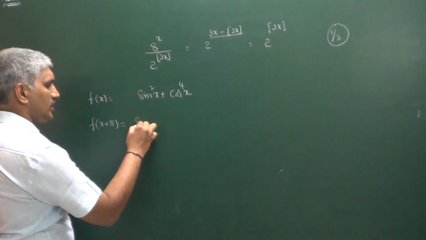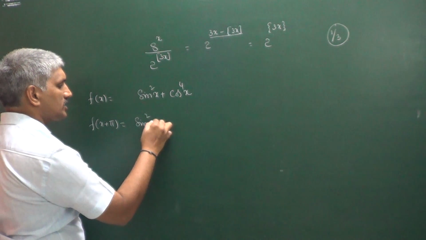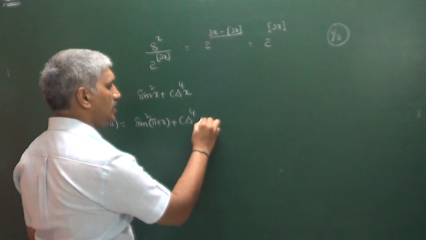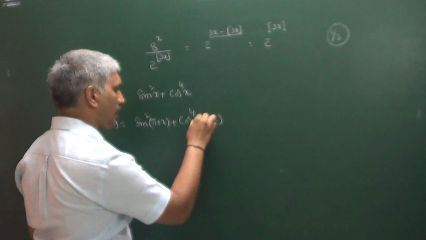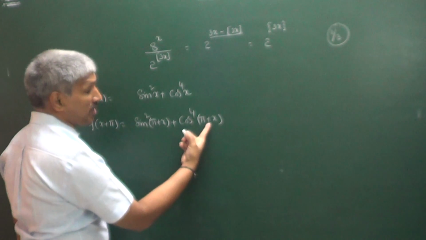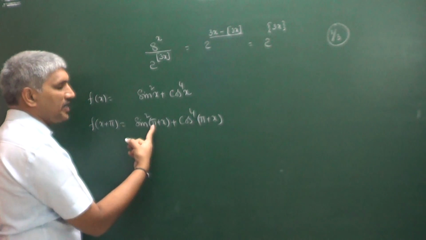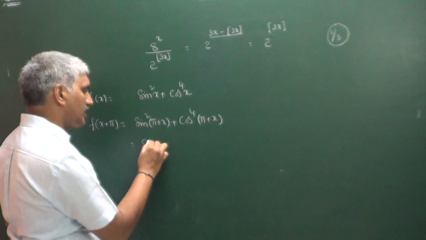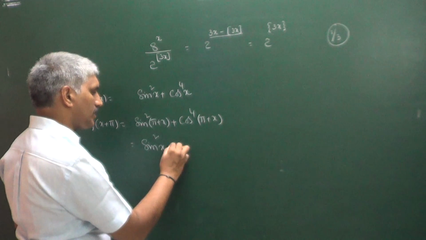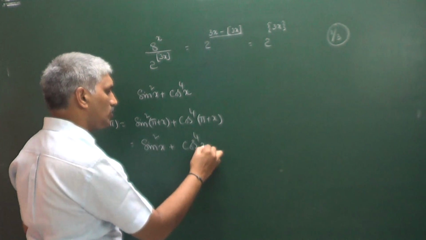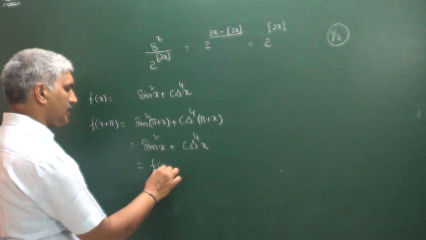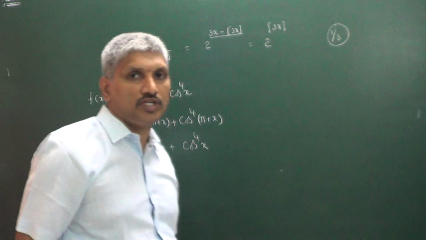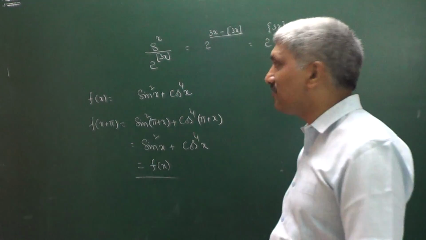We get sin square of 180 plus theta plus cos of pi plus x whole power 4. Cos of 180 plus theta is minus cos theta, and sin of 180 plus theta is minus sin theta, whole square. That's why we are getting sin square x plus cos x whole to the power of 4, which is f of x only. So f of x plus pi gives f of x, and it is a periodic function with period pi.